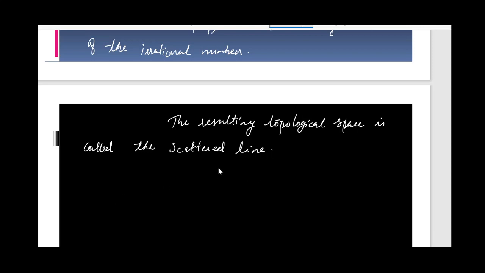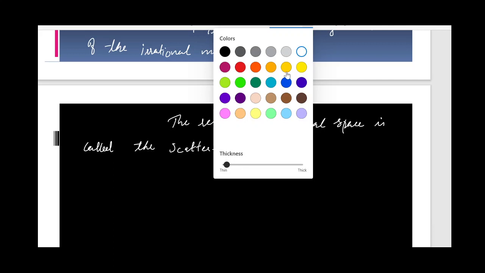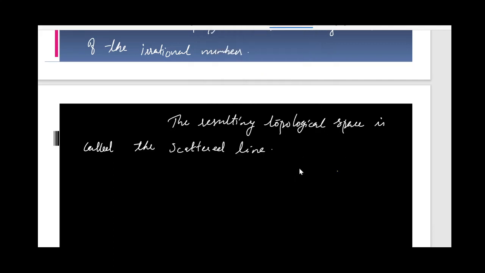So what does this topology mean? First of all, we are defining this topology on the set of real numbers. In this topology we take all the subsets of the form A union B, where A is an open subset of R in the usual topology.